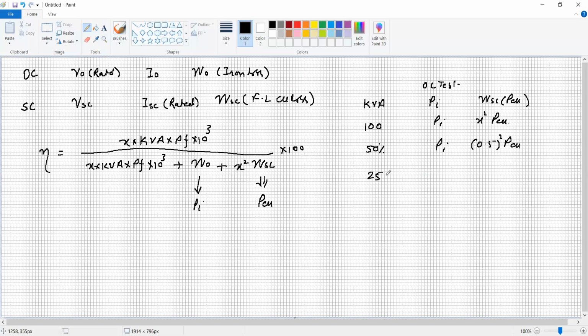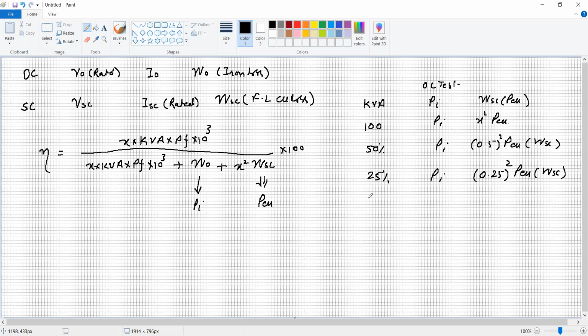Say 25%: PI will remain the same, since the iron loss is constant irrespective of load. So it is 0.25 square into PCU, or you can write WSC from the short circuit test.